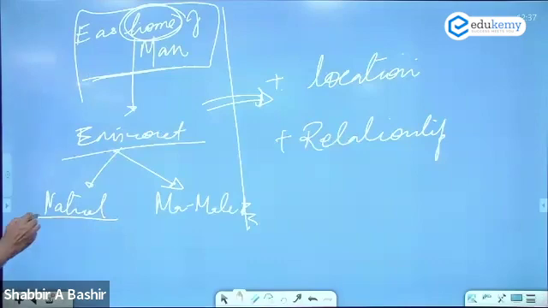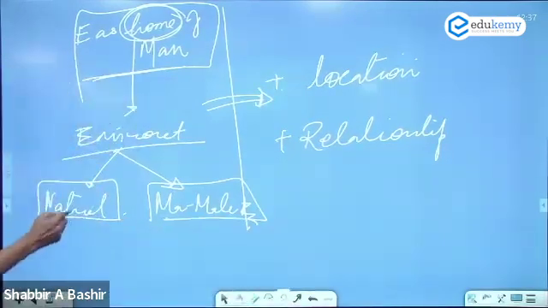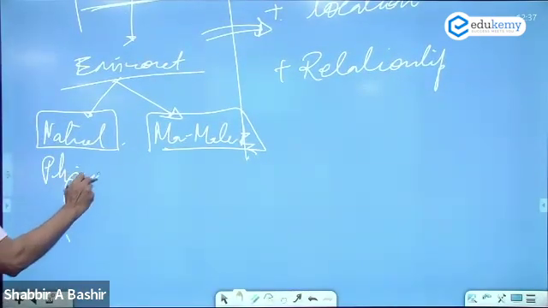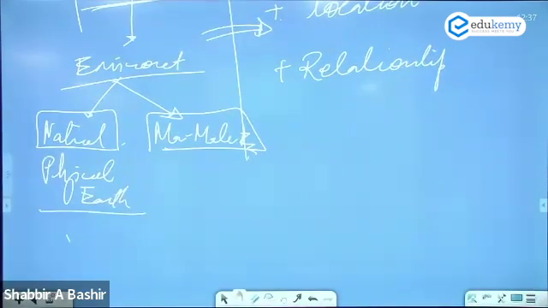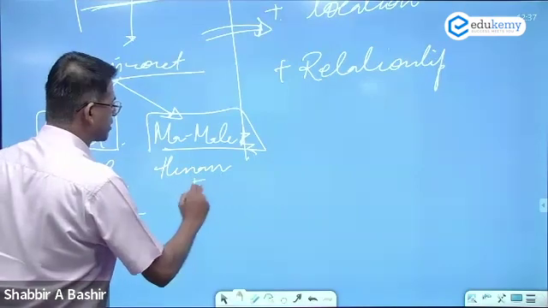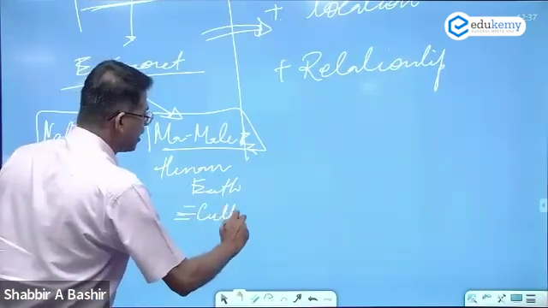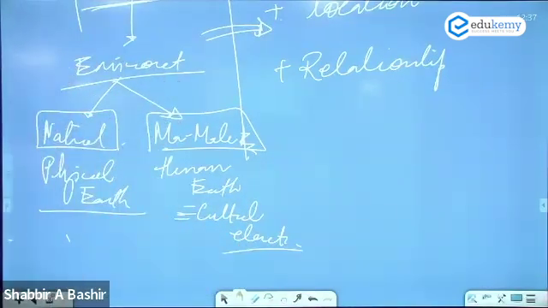There is a natural one and there is a man-made one. The natural one is called the physical earth, which is natural. And the man-made is the human aspect, the human earth. It is also called the cultural elements. Because the word culture is not simply our sanskar.